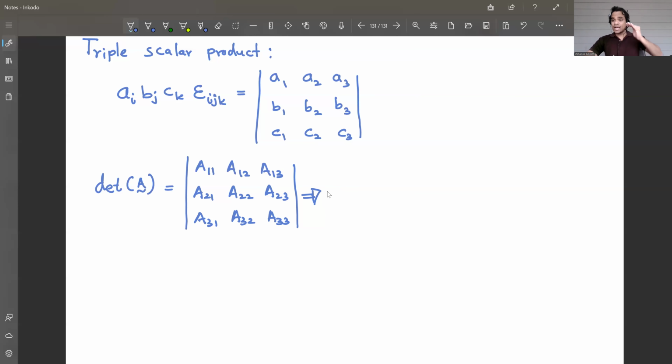Similarly for the second row, the second subscript is changing and the first subscript is fixed. The third row is also the same. Therefore, I'm going to use our previous findings for the second subscript.